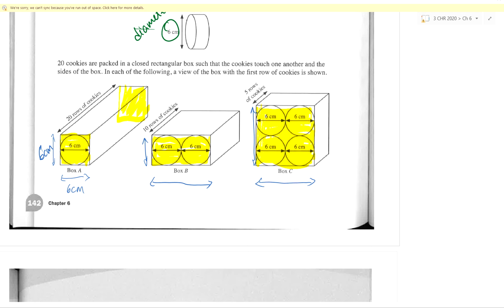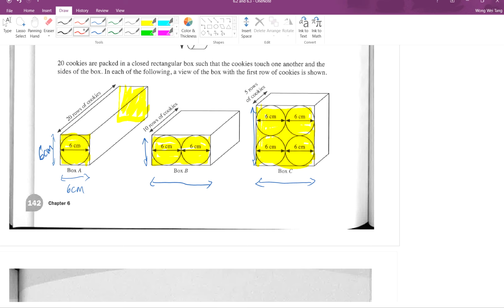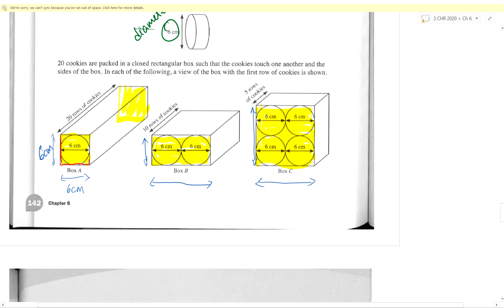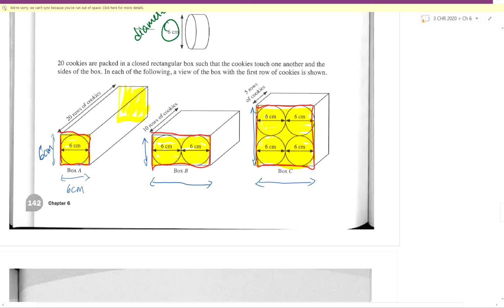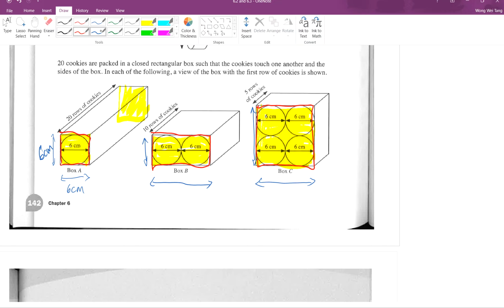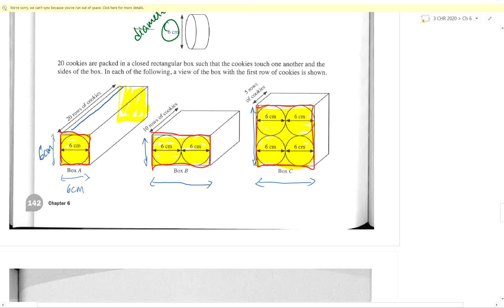Next part is finding the perimeter. Perimeter of the cross-sectional area, I think you can do that. After you find the perimeter, we need to multiply it by the thickness. The thickness is shown here. What exactly is this thickness?